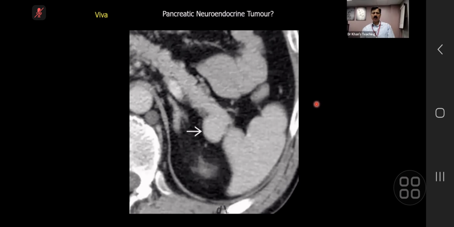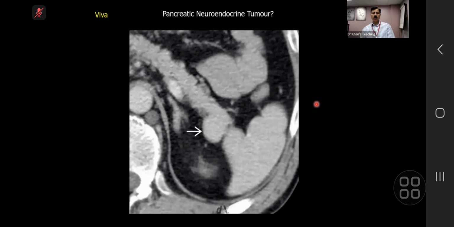There is another scenario which I'll show you in the next slide, which has come in the exam more commonly. The point to remember is that on all sequences, the enhancement pattern will be equal to spleen. So what we do nowadays is that if somebody has reported it like this on a CT scan, just to confirm it, we do an MR. On all sequences, the lesion will be equal to the spleen.